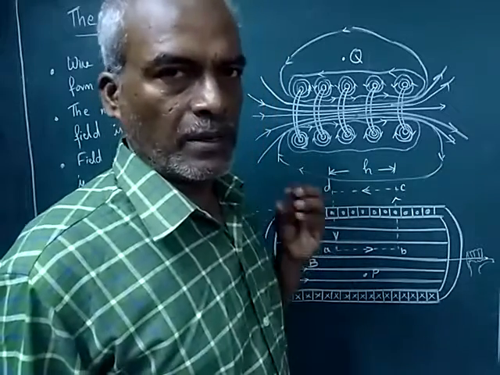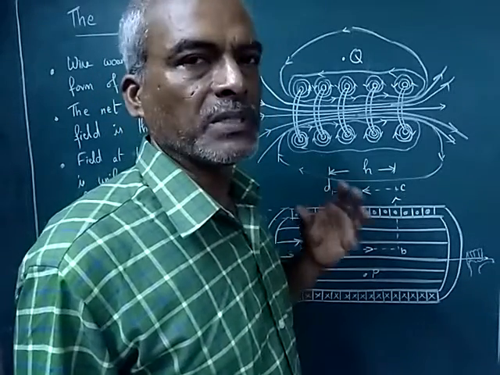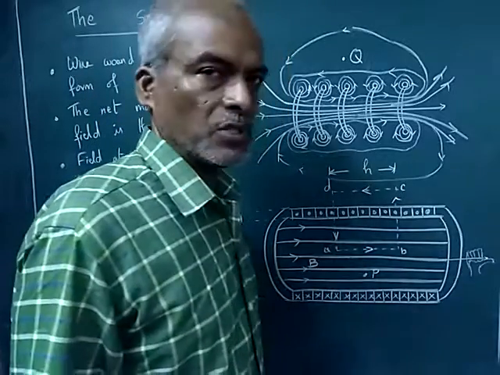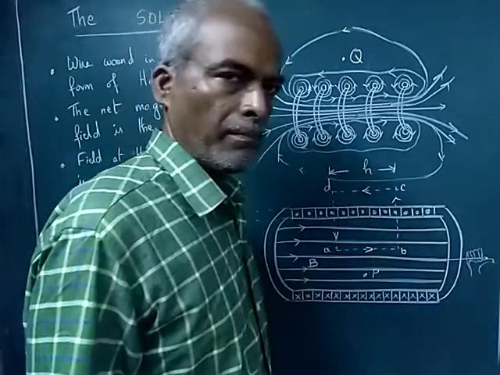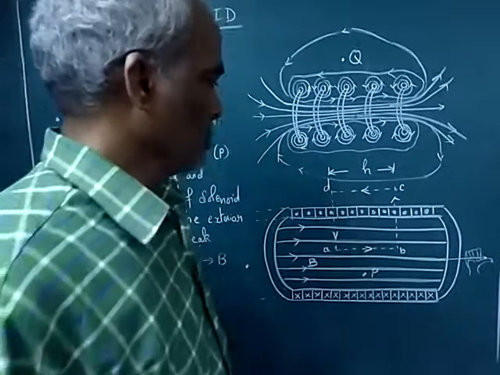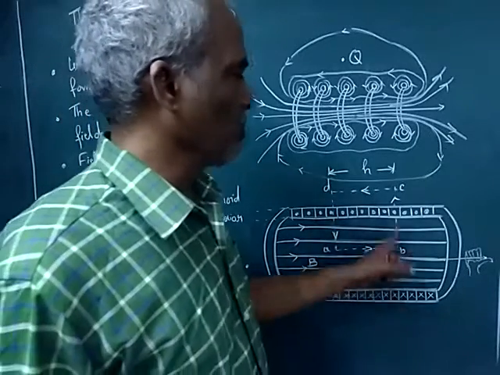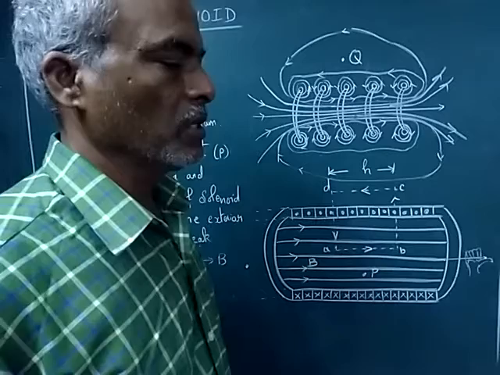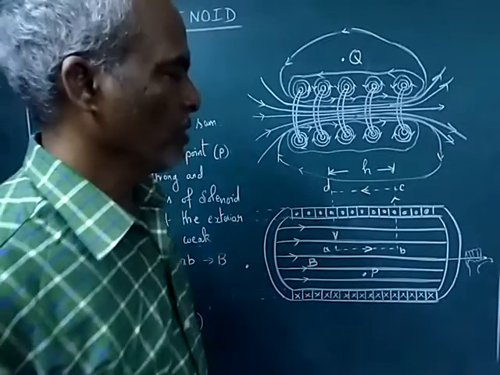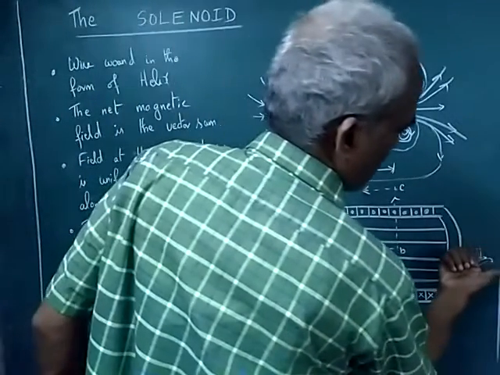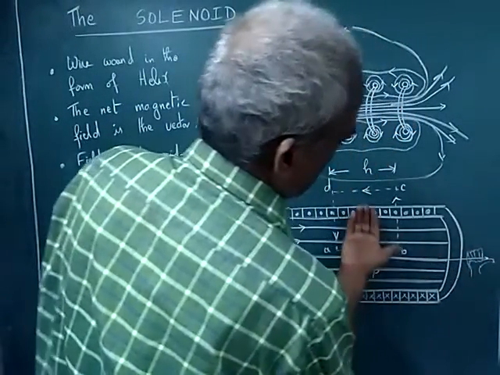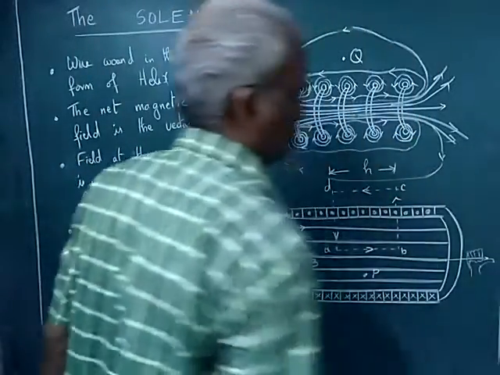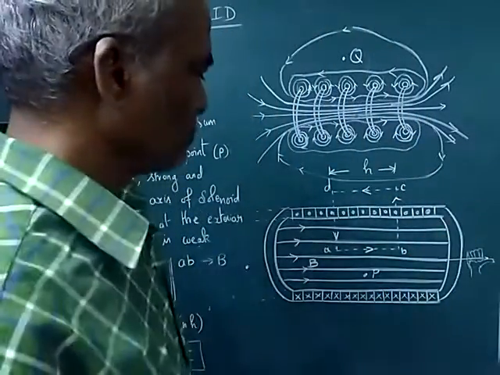So 99% of the field appears only along the axis of the solenoid, which is along AB, okay. And this loop is called the Amperian loop. So now if you see here, we have the right hand rule. The field coils are coming this way, therefore the magnetic field is moving in this direction.